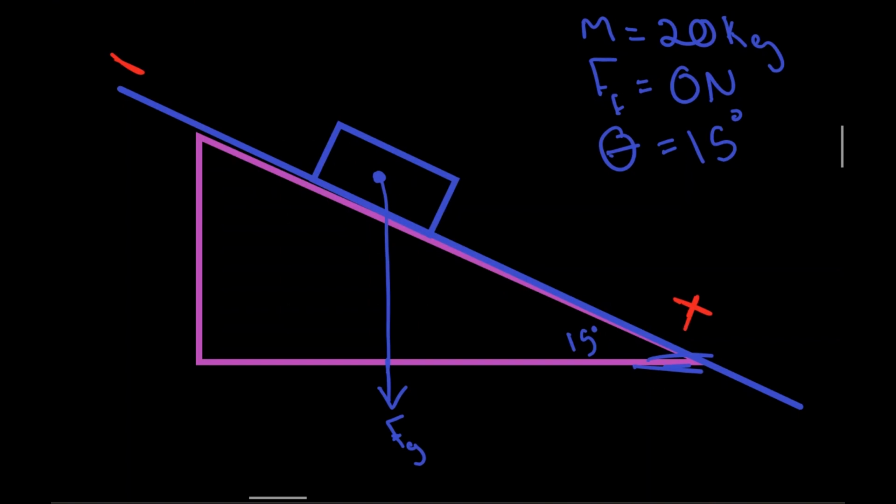So we can also draw another part of our axis. We can give it another dimension, and this is where we get our y-axis.